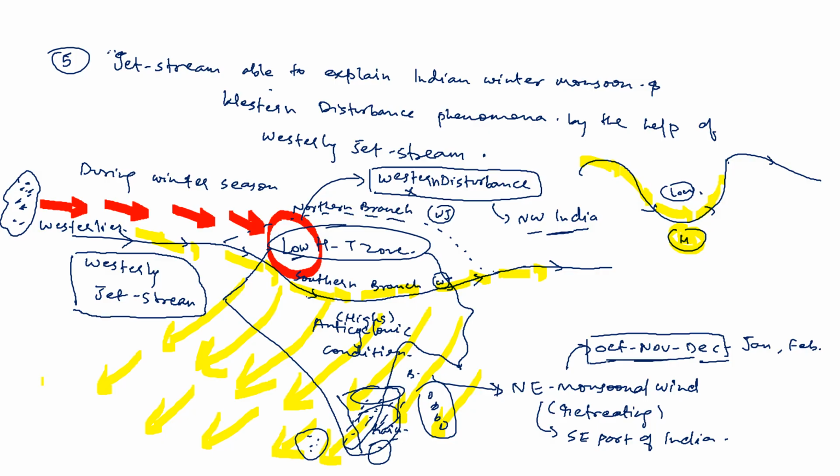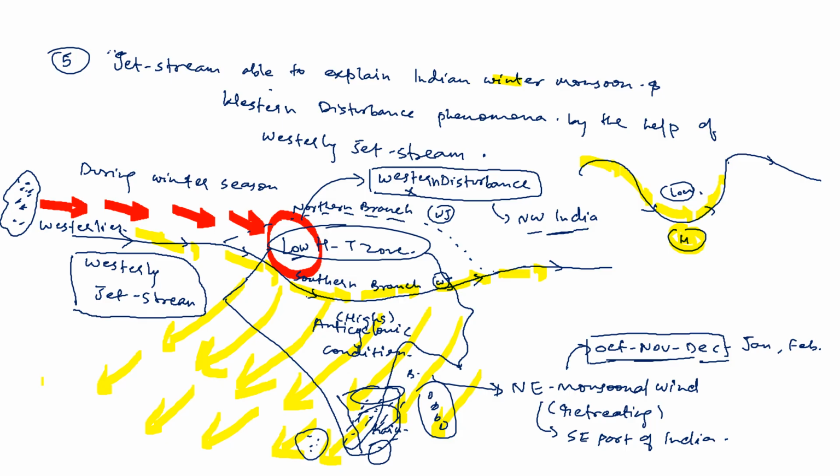Now it can also explain the winter monsoon and western disturbance over India. For example, during the winter season over India, the subtropical westerly jet stream moves towards the equator, establishes around 30 degrees, hits the Himalayan Tibetan zone, and divides into two branches.